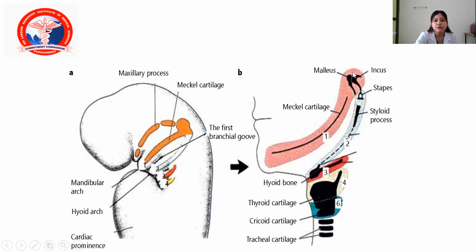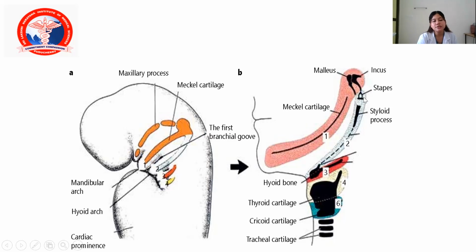Now from the cartilaginous dorsal end of this arch, you can see the malleus and the incus have been formed. The cartilage of the first pharyngeal arch is called Meckel's cartilage.